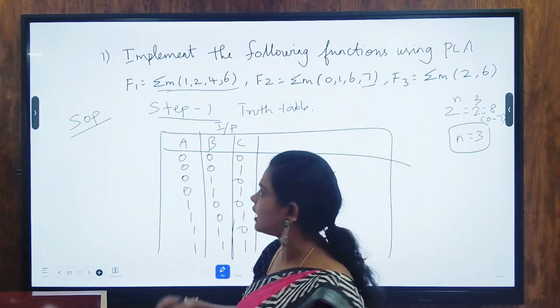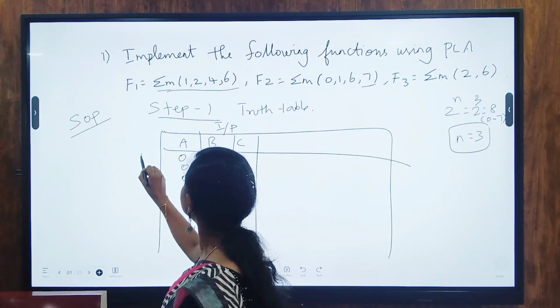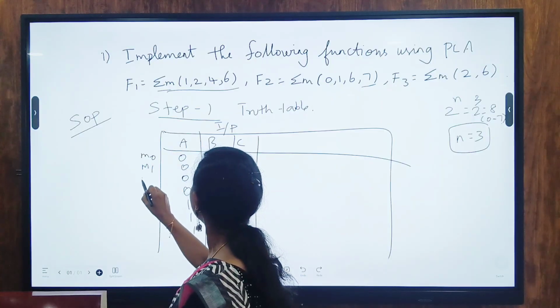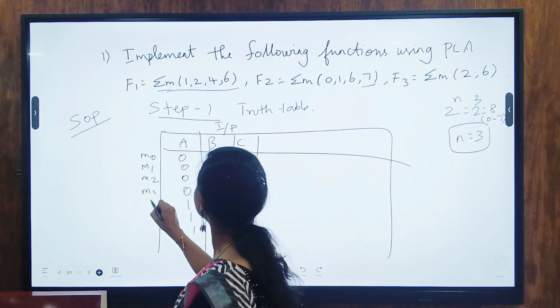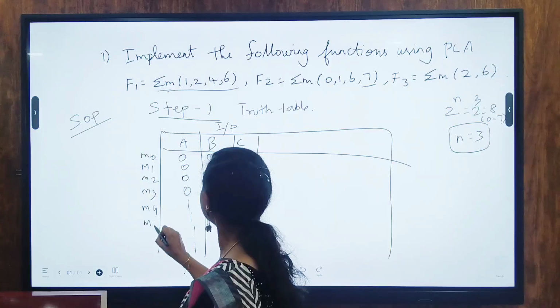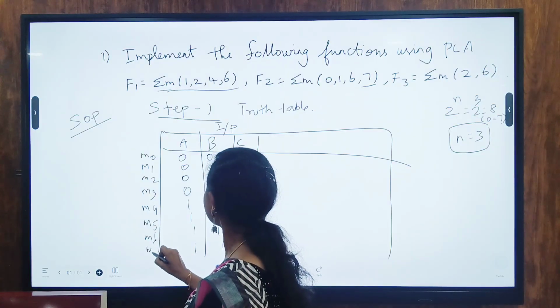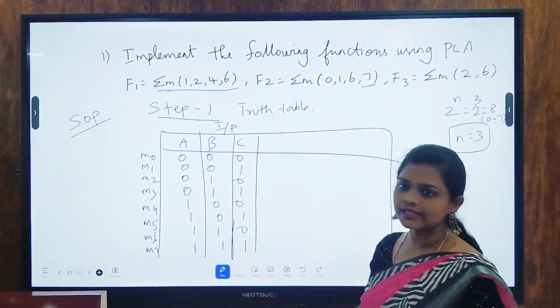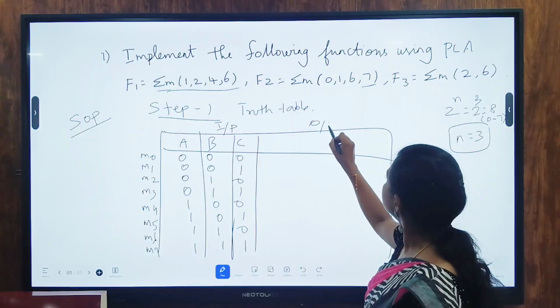For easy plotting of the minterms, I am going to mention M0, M1, M2, M3, M4, M5, M6 and M7. So this is the input and output.